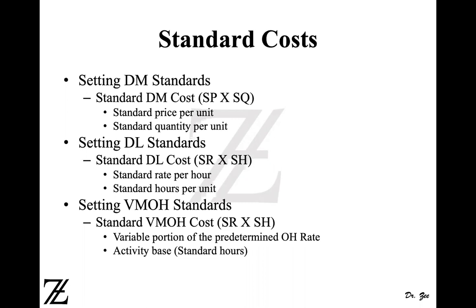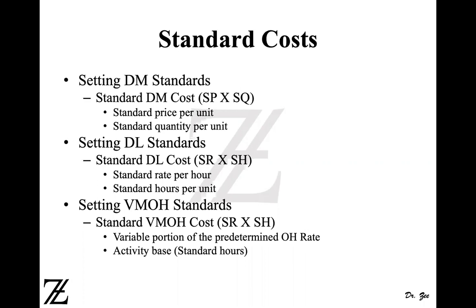And the quantity is based on the standard quantity per unit, like 1 unit of output that you're going to produce. So if you're going to use 2 pounds of material per unit, let's say you're producing a water bottle and you need plastic for that, and you're going to need 2 pounds of plastic, then the standard quantity per unit is 2 pounds of plastic per unit, right?